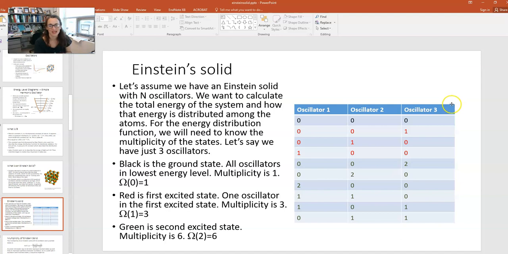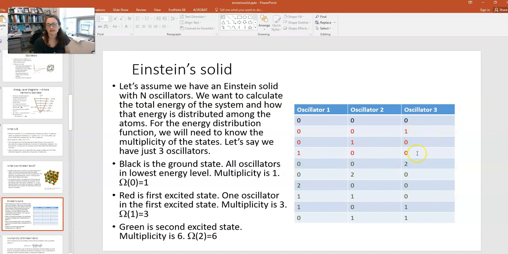Okay. Now, let's go to the next lowest level. The next lowest level is if just one of those bonds is in an excited state, right? So if that's the case, there are 3 ways to do that, because that excited state could be given to oscillator number 1, oscillator number 2, or oscillator number 3. And so the arrangement would be 0, 0, 1, 0, 1, 0, or 1, 0, 0.